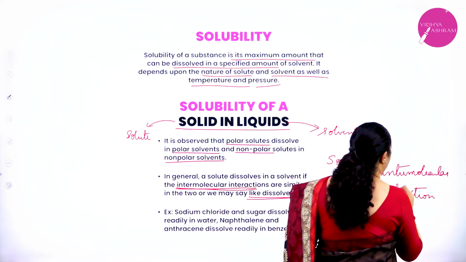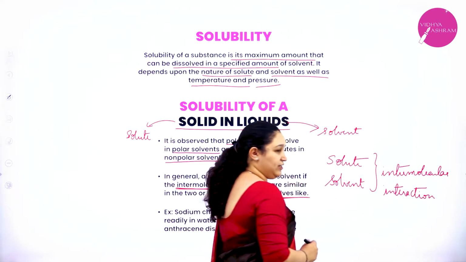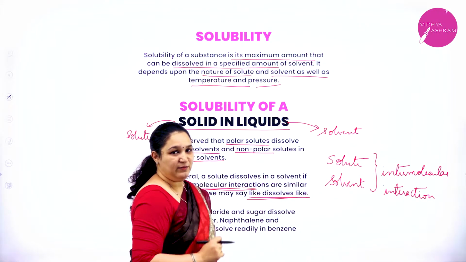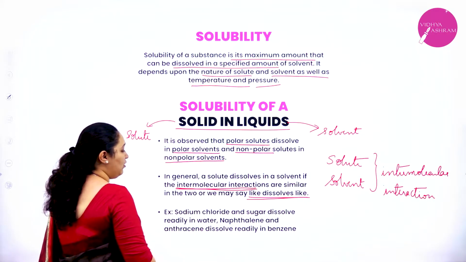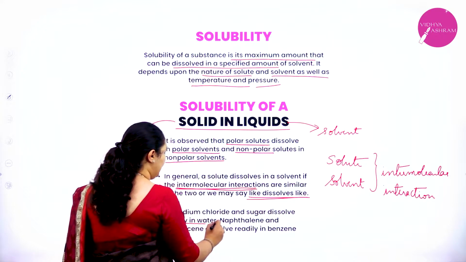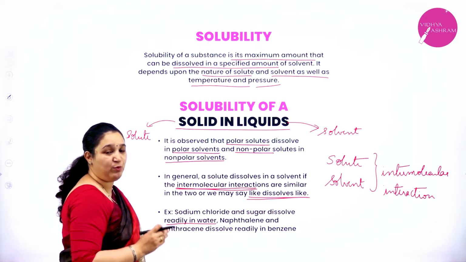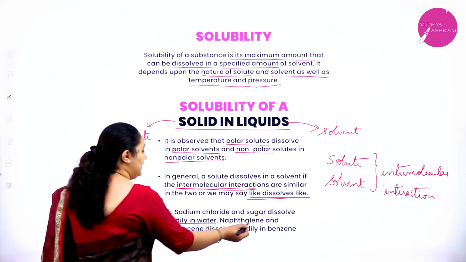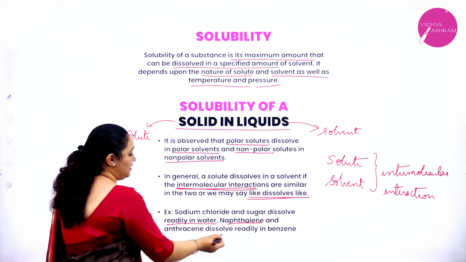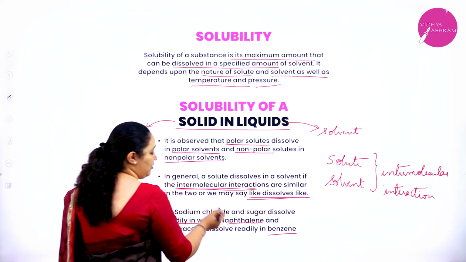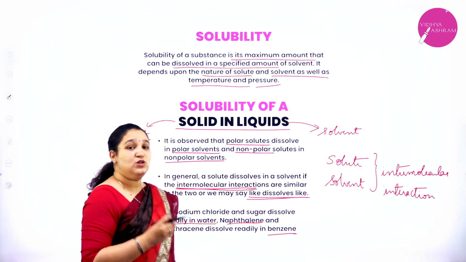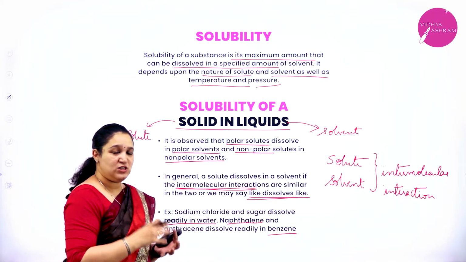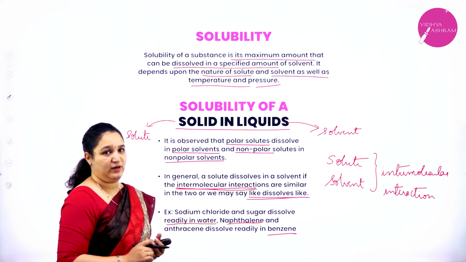If they have similar intermolecular interaction, then it will be soluble. For example, sodium chloride and sugar dissolve readily in water because they are polar solutes, whereas naphthalene and anthracene dissolve readily in benzene because they are non-polar. So that is about solubility of a solid in a liquid.